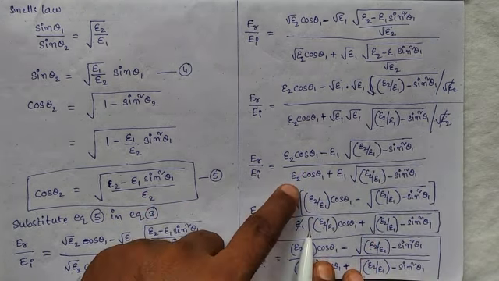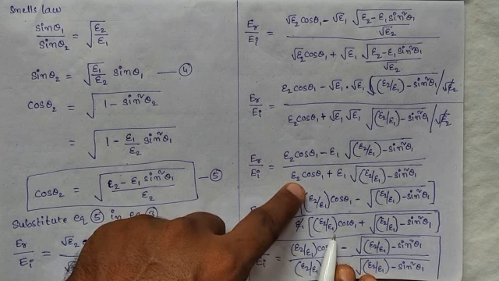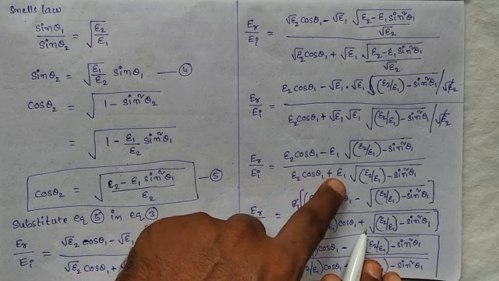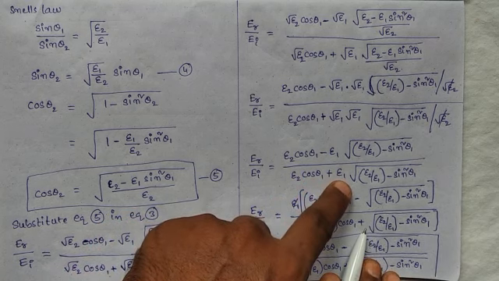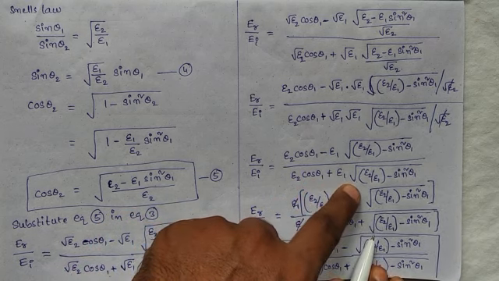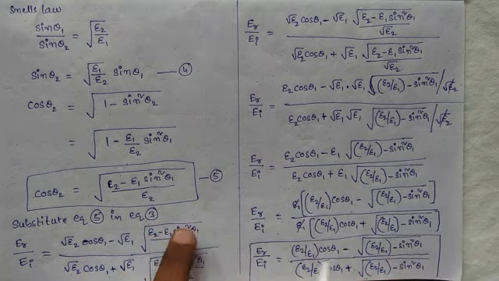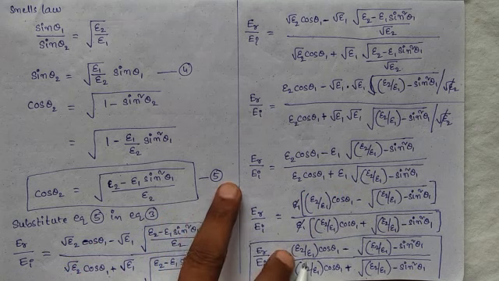Here in the denominator also we are taking epsilon 1 common. This epsilon 1 is divided with this one, so the term here is epsilon 2 by epsilon 1 cos theta 1 plus epsilon 1 by epsilon 1, which is 1, square root of epsilon 2 by epsilon 1 minus sin square theta 1. Here ER by EI is equal to what?